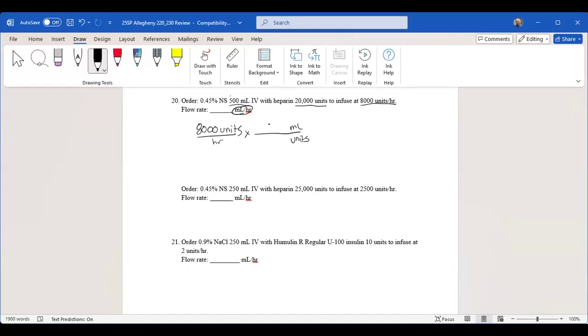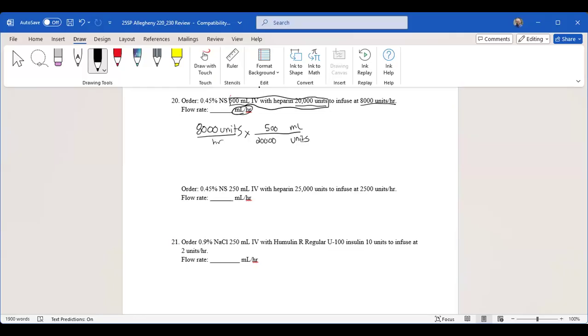The answer is yes, because I have this 500 milliliters of the 0.45% normal saline, and in that is 20,000 units. So this is all within the same IV bag. The 20,000 units is here, and the 500 milliliters goes here because it's all part of the same solution. 500 milliliters, 20,000 units. It's all connected, all within the same IV solution.